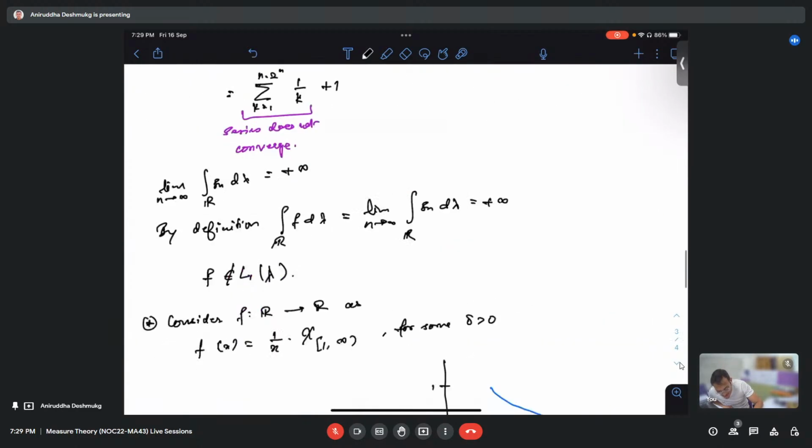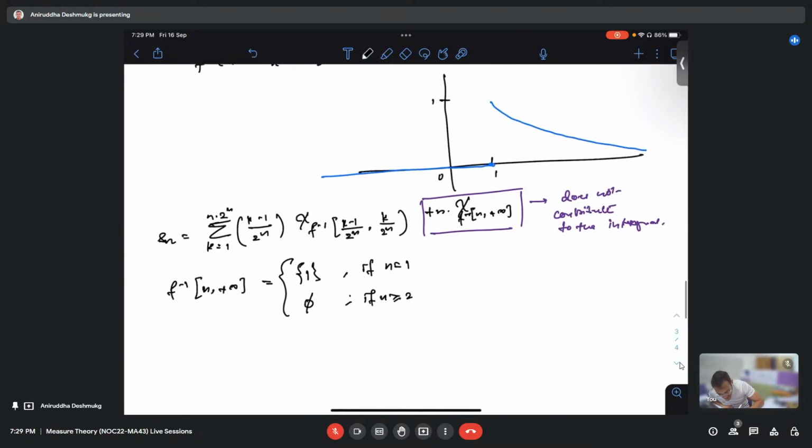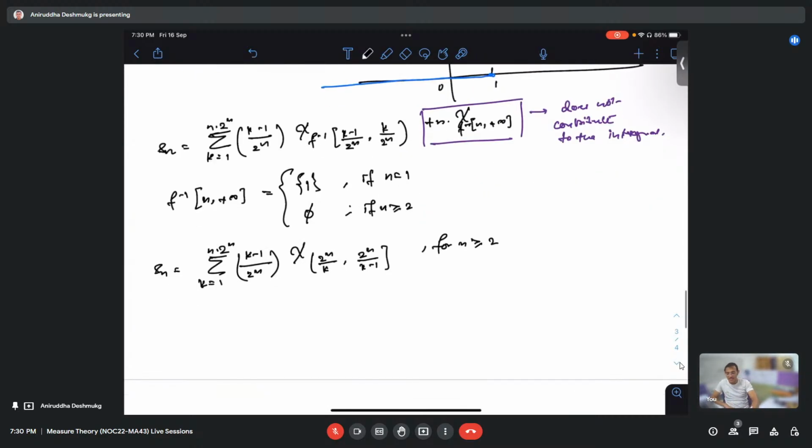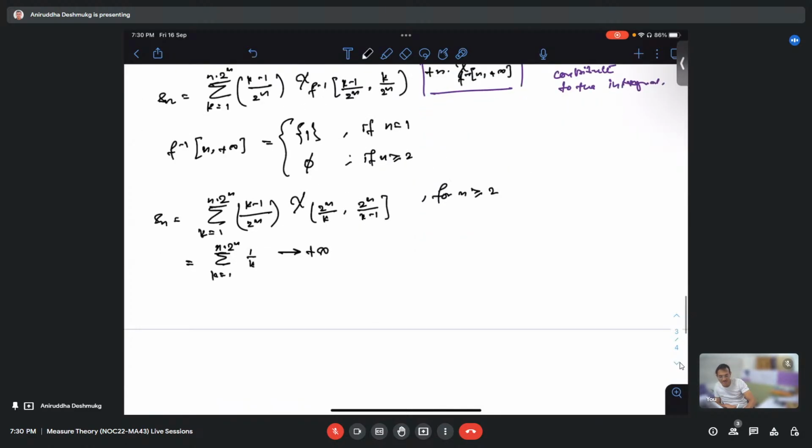Now they are going to cause a problem, because if you look closely, this Sn now becomes the sum over k from 1 to n into 2 to the power n of k minus 1 by 2 to the power n, chi of this same thing, 2 to the power n by k to 2 to the power n by k minus 1, for n bigger than or equal to 2. And then we have seen that I can write it as the sum over k from 1 to n into 2 to the power n of 1 by k, which is still not convergent. So even this f is not an integrable function.